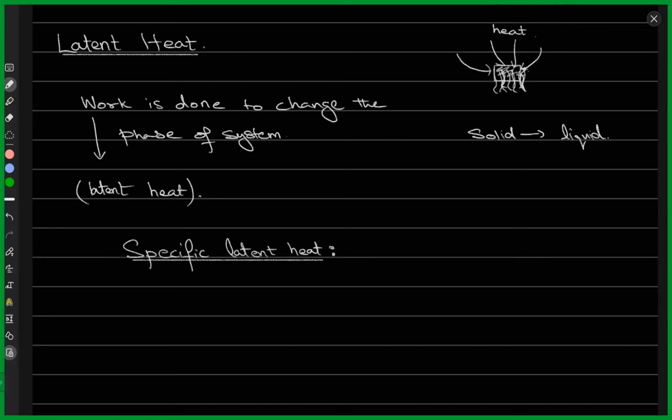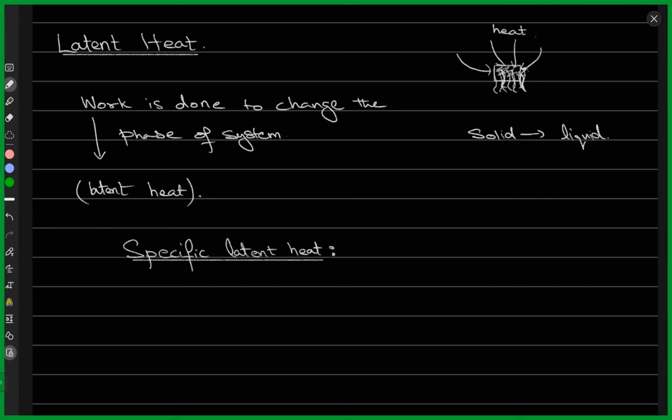So do not take the word specific literally. Specific means that it would be the energy required to change unit mass of solid to liquid, right? That's the most basic version of this.